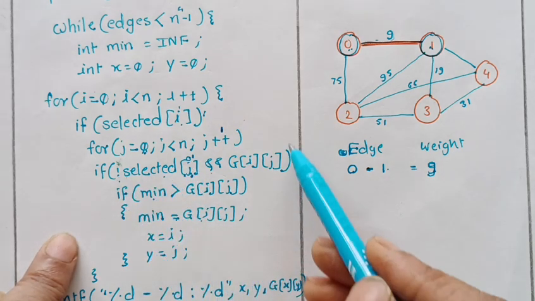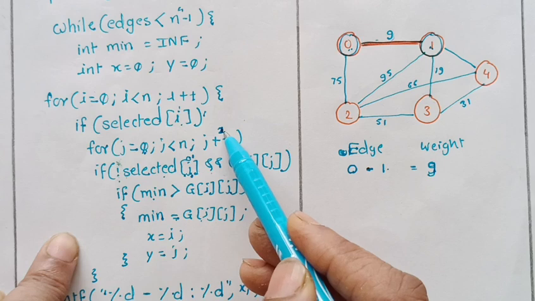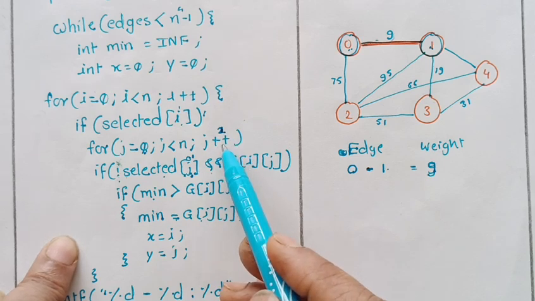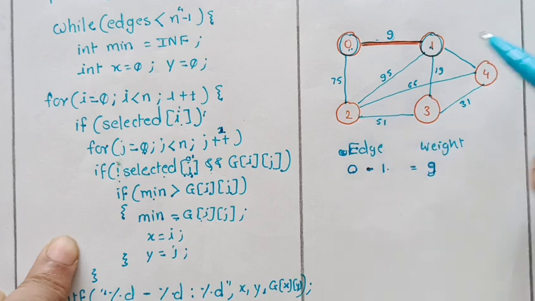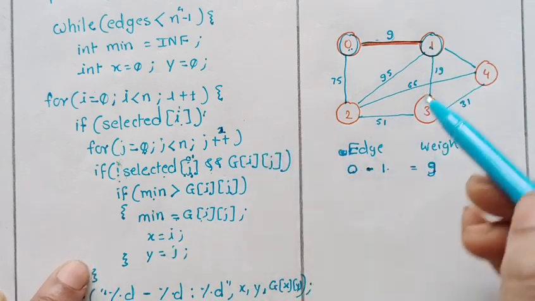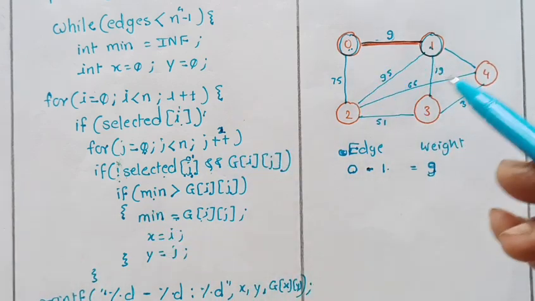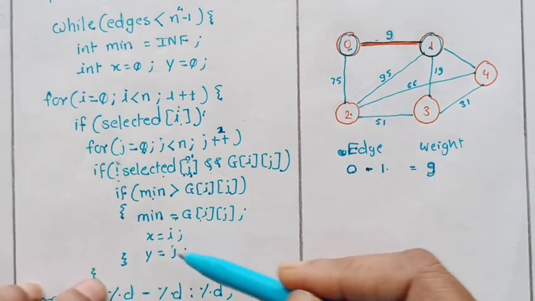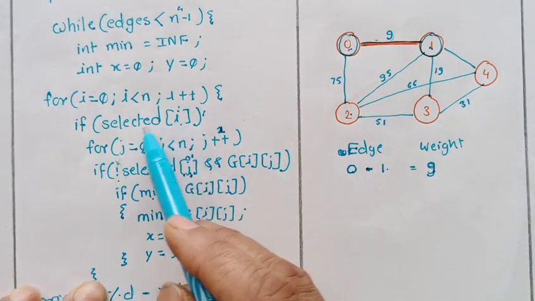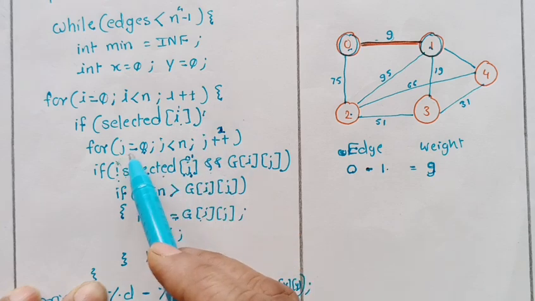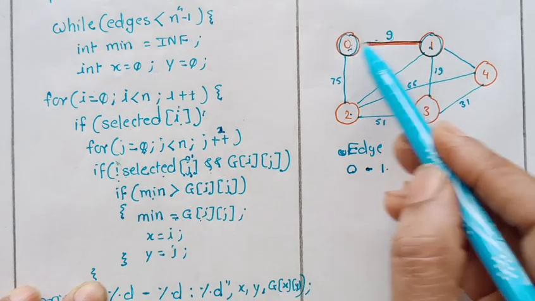Then i will be incremented by 1. Then 0 to 2, and again i increments by 1, and this one is also selected. Selected is true, so j will be 0. 0 to 1 is selected.